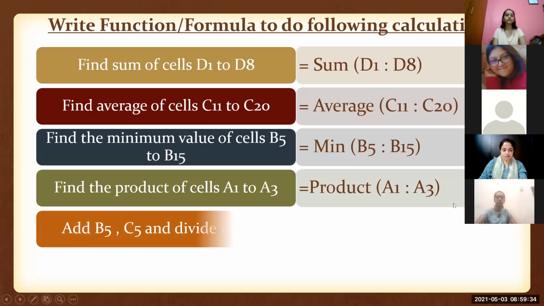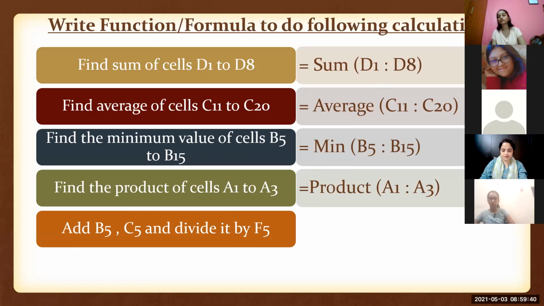Okay. Next is now add B5, C5 and divide it by F5. Now you have to give the formula because this cannot be done with the help of a function. How to add B5, C5 and divide it by F5. Who will tell now? What will you write?